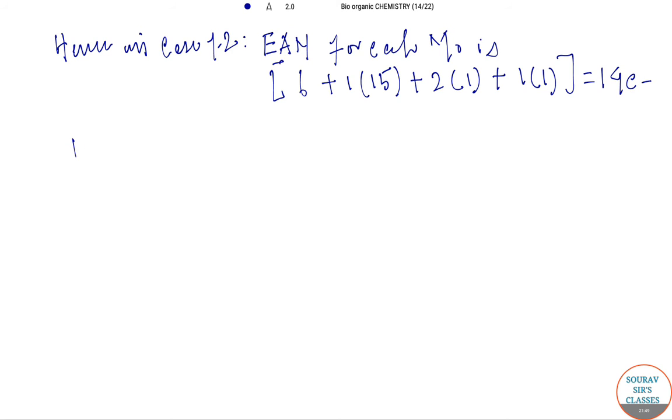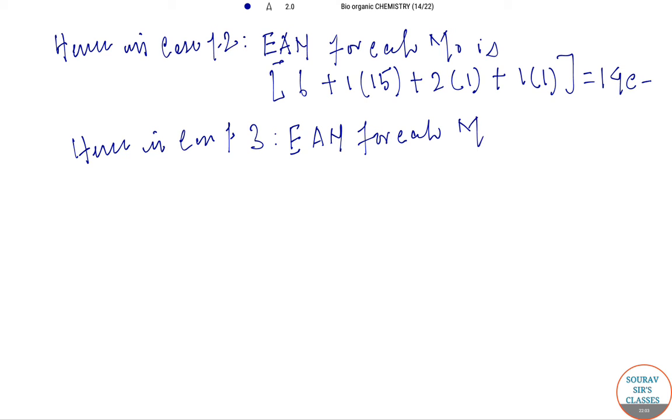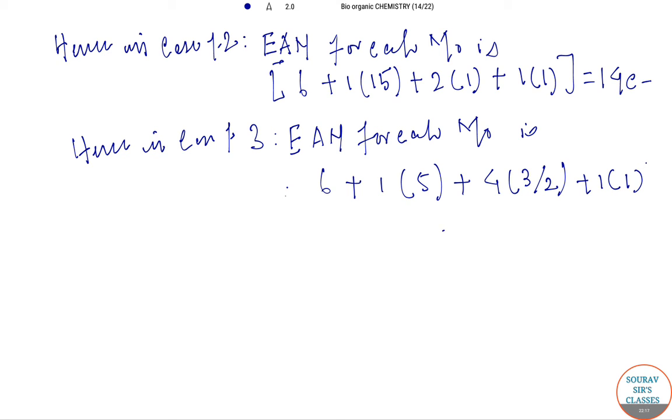Now in case 3, the EAN for each Mo is 6 plus 1 into 5 plus 4 into 3 by 2 plus 1 into 1, and that is 18 electrons.